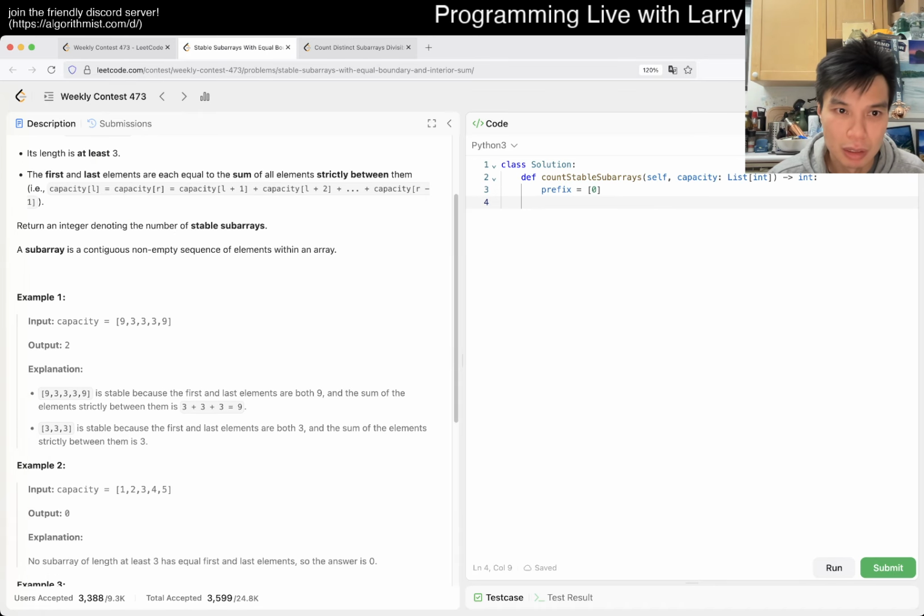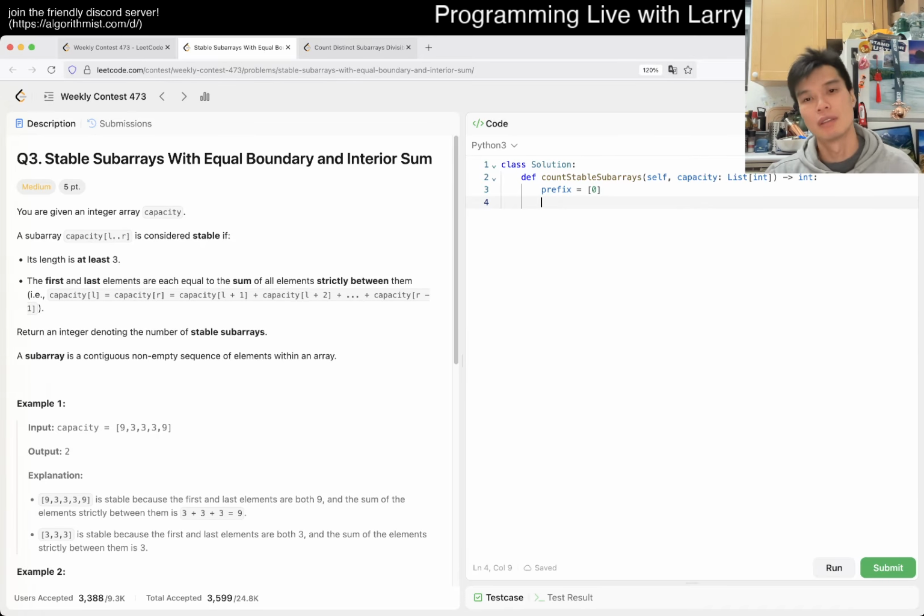Oh, I see. Alright, because if the number is x, if the current number is x, then, yeah, okay, this is maybe actually one of those drawing problems.